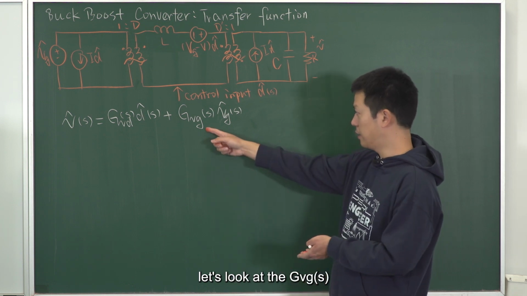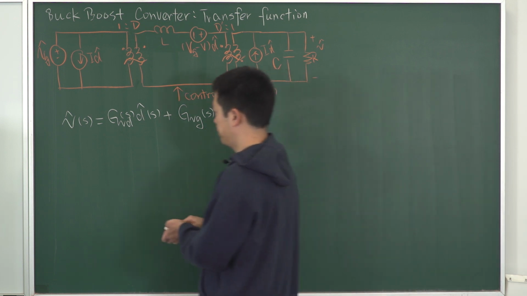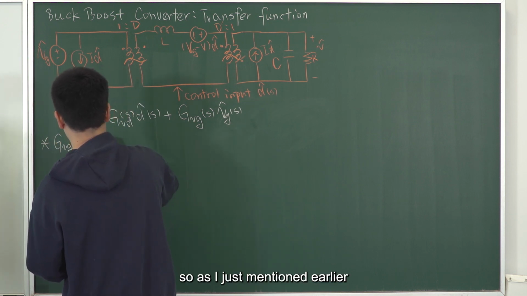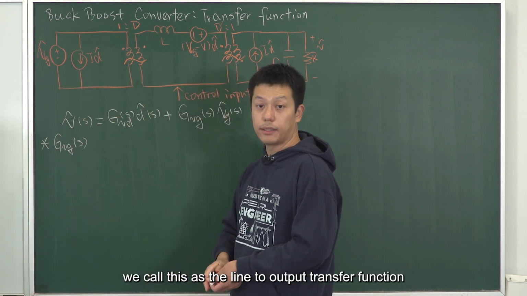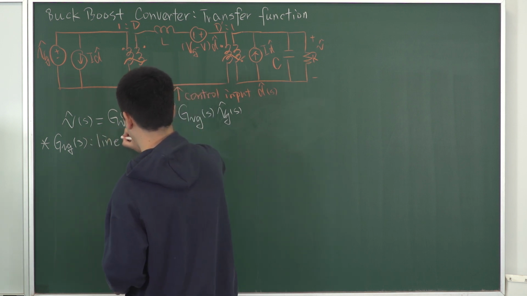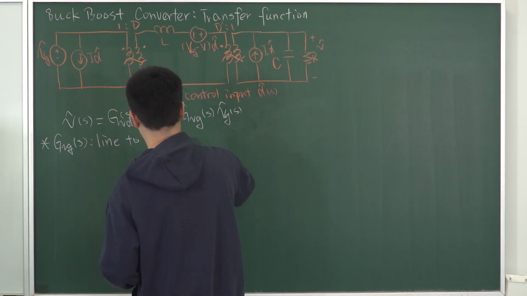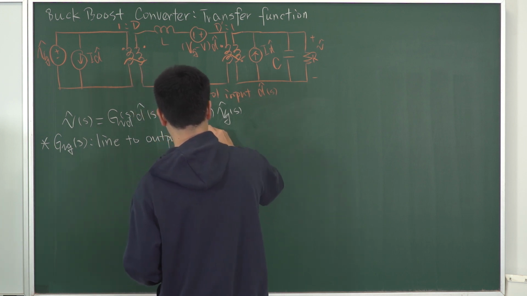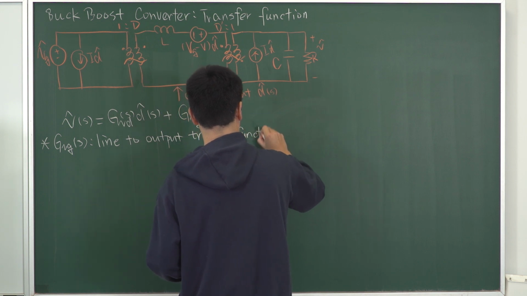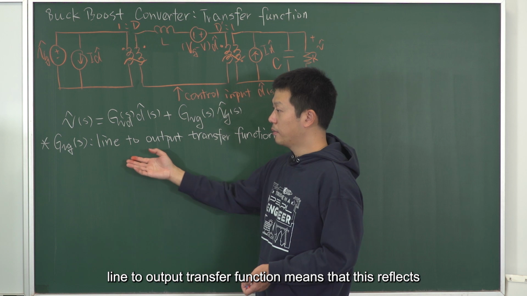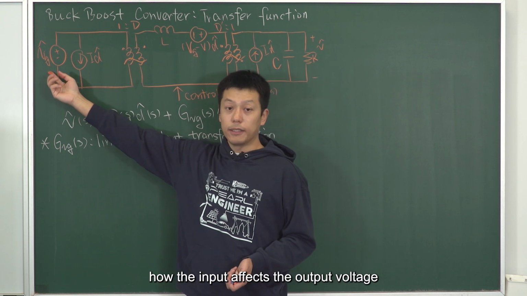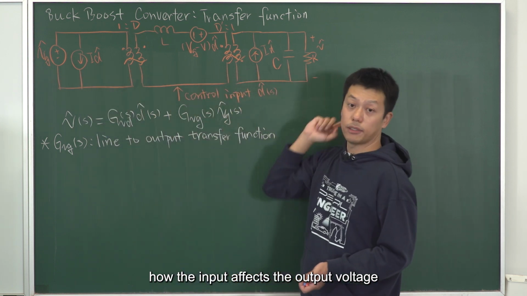First, let's look at G_vg(s). As I mentioned earlier, we call this the line-to-output transfer function, which reflects how the input affects the output voltage.